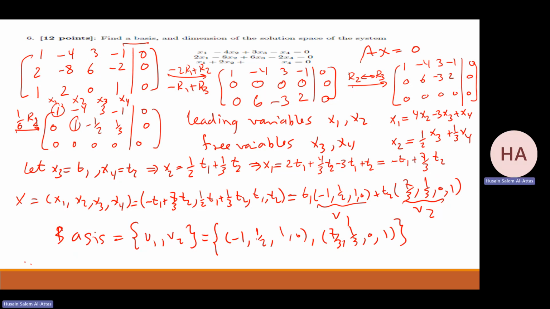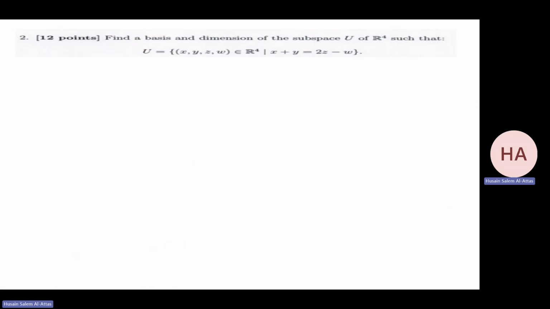Okay. Let me do more problems. Find the basis and dimension of this subspace. Actually, I can deal with it like with only one equation. We have x equals minus y plus 2z minus w.